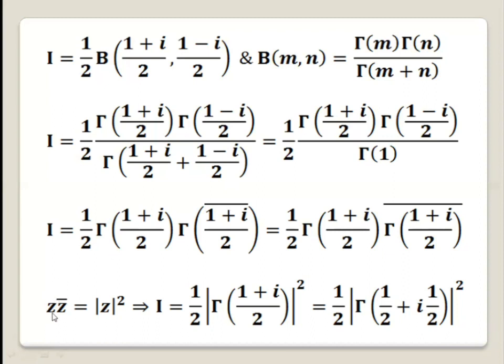Recall that z multiplied by z bar equals the modulus of z all squared. And so we can write I as half multiplied by the modulus of gamma of (1 plus i over 2) all squared, which equals half multiplied by the modulus of gamma of (half plus half i) all squared.